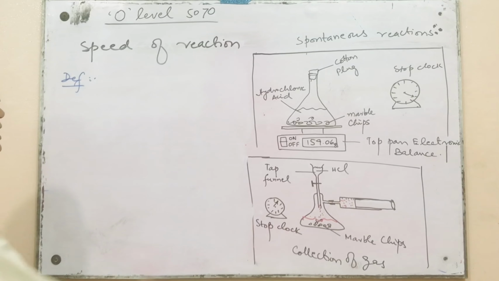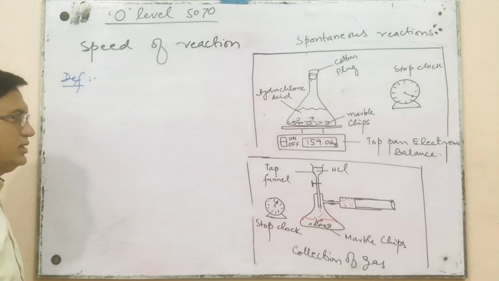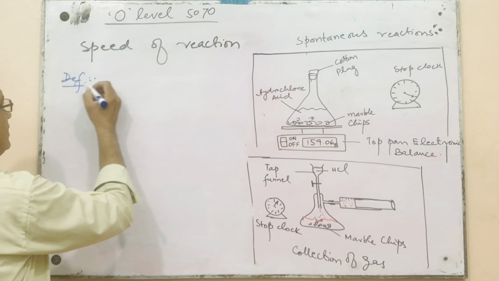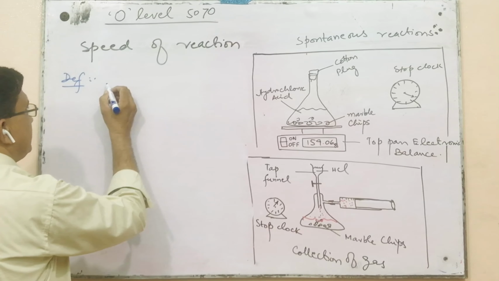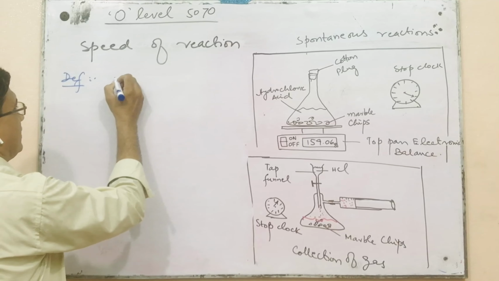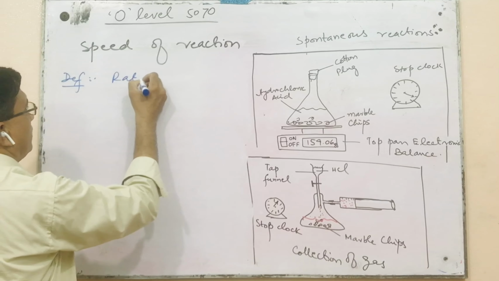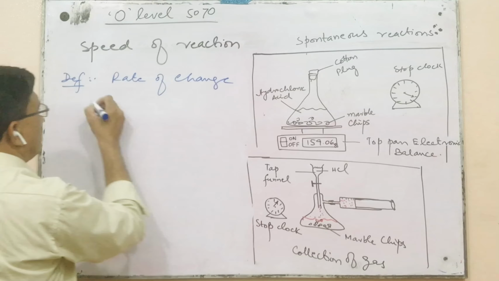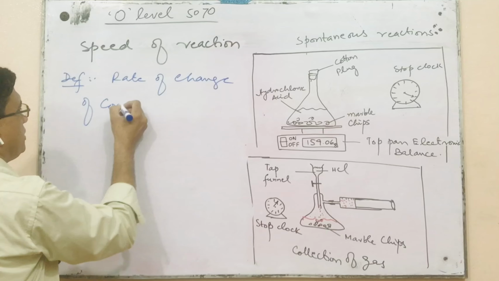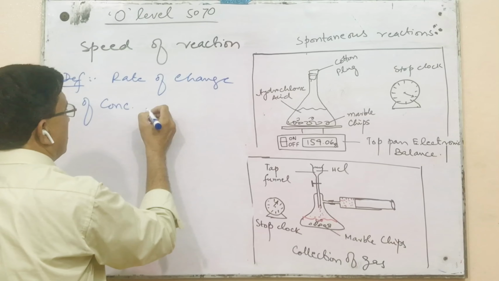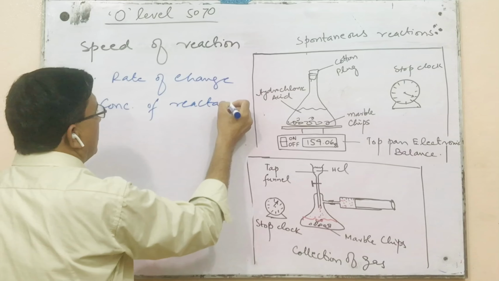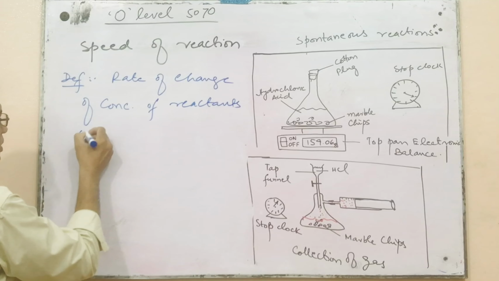If we define speed of reaction, the definition of speed of reaction is rate of change of concentration of reactants or products.